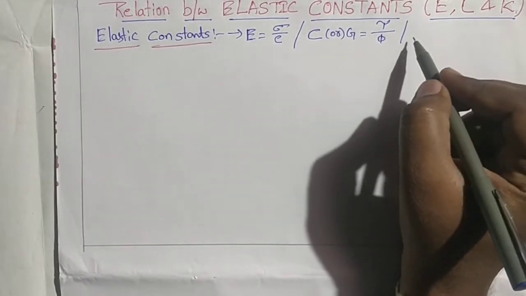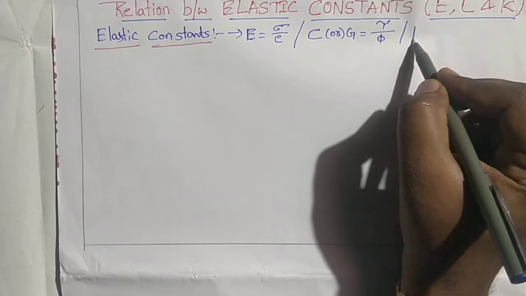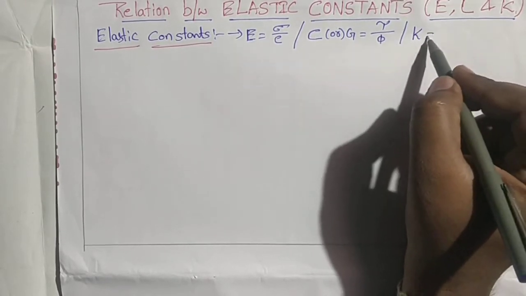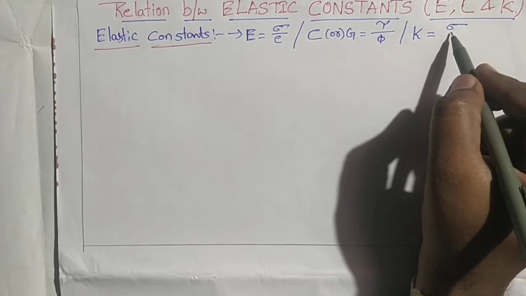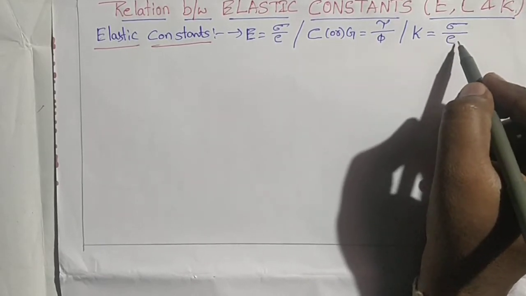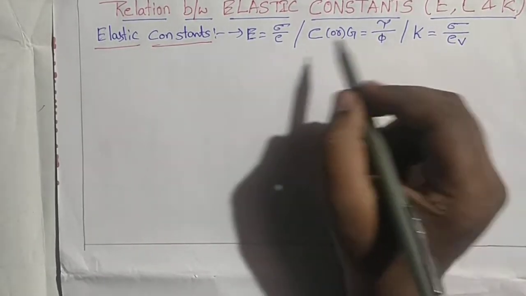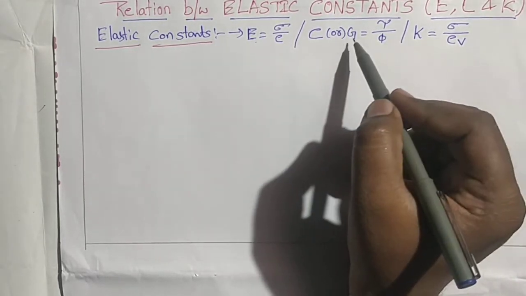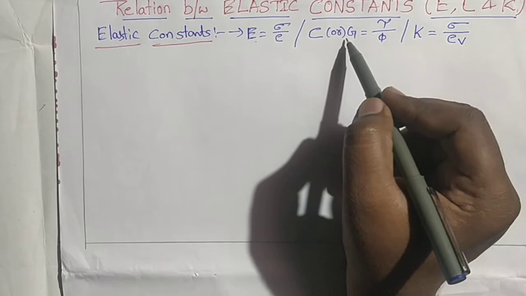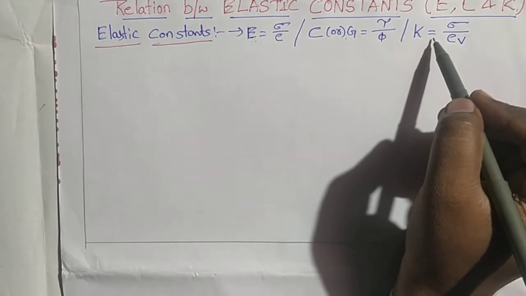Next, the last one, bulk modulus, is denoted by K; it is the ratio of direct stress to volumetric strain. These are the equations of Young's modulus, modulus of rigidity and bulk modulus.